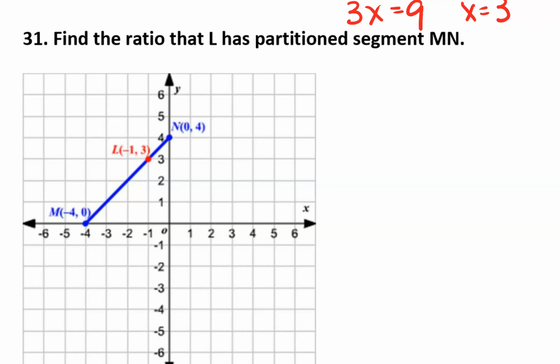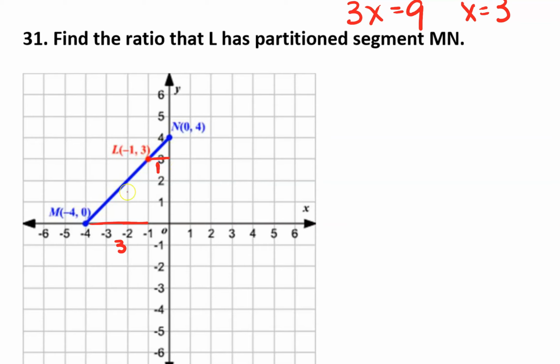So let's take, it also falls right on the diagonal, but we'll just go this way. So from L to M, the x distance from L to M is 3 units. And the x distance from L to N is 1 unit.